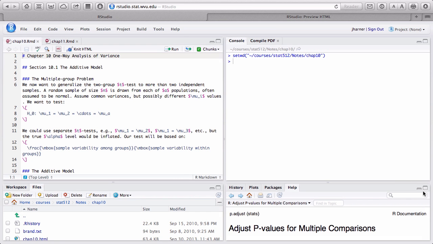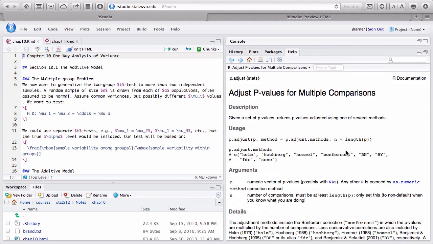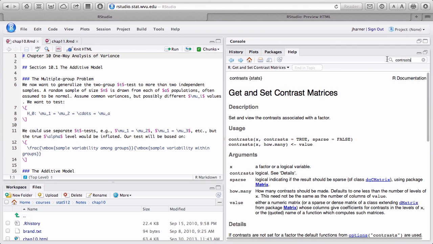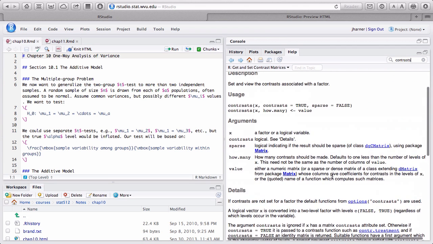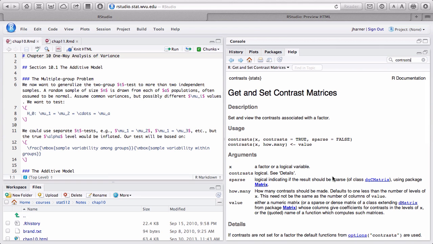So if you go back here and you look at the contrast statement, let me type in contrast.